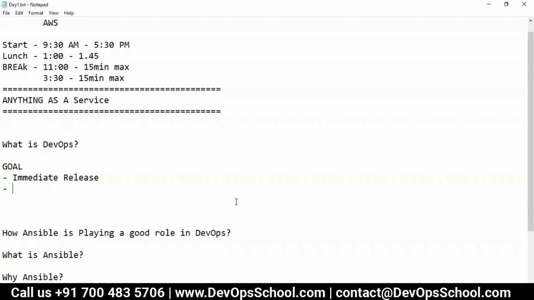So what is the reason organizations want DevOps? I'll put it as a high-level goal. You might have been working for the last 13, 14 years. I'm also working for the last 15 years. Organizations have certain goals.